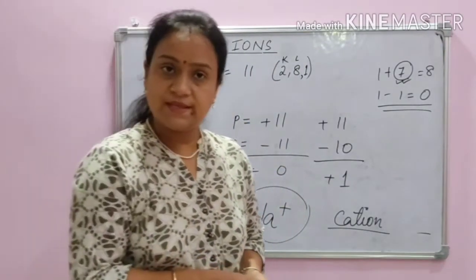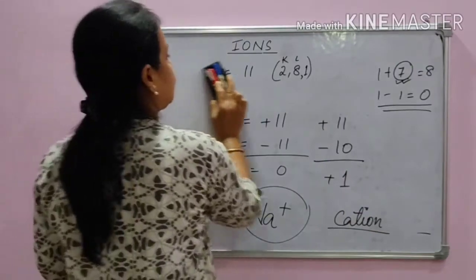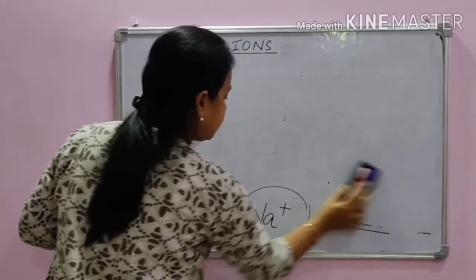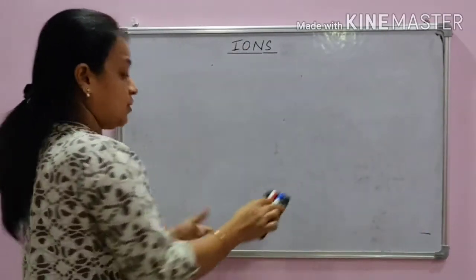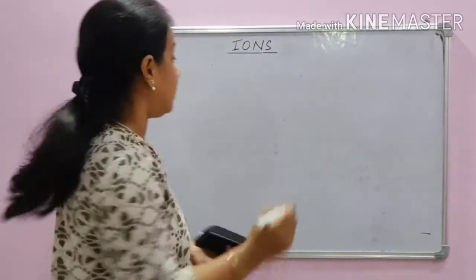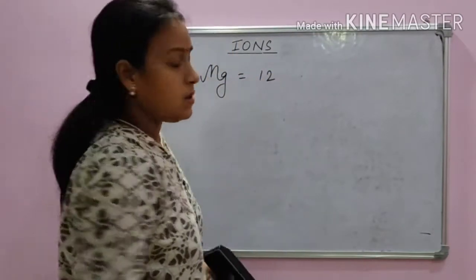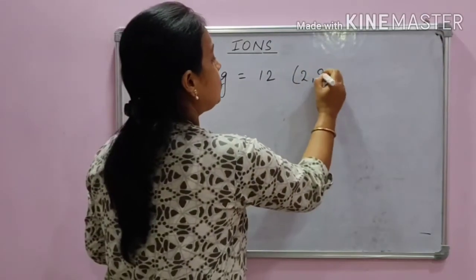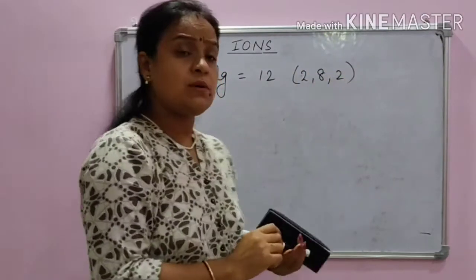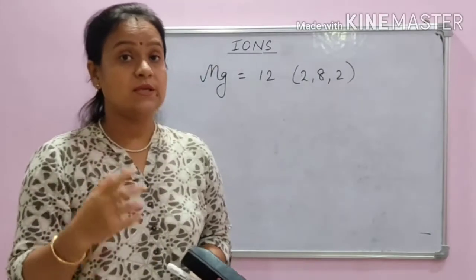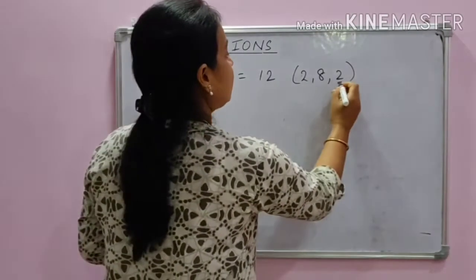Let us take one more example, say magnesium. The atomic number of magnesium is 12. So the electronic configuration is 2, 8, 2. Now what will it do? It will lose 2 electrons from the last shell.